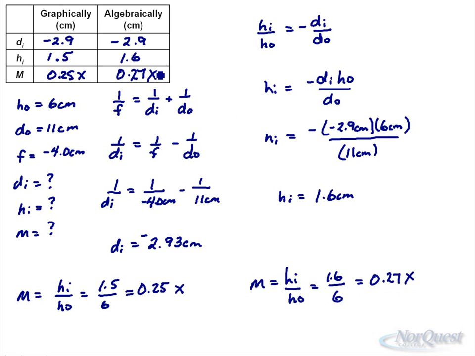And it should be a number less than 1 because the image is smaller in this case. Magnifications greater than 1 will give us larger images. Magnifications less than 1 will give us smaller images.